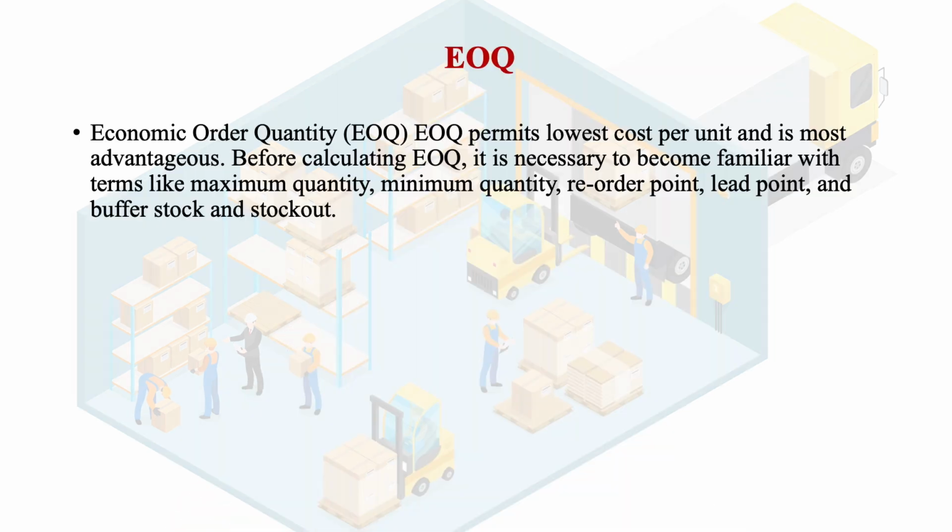So there is no bad effect on the inventory control. Inventory control should be regulated by proper modeling, the economic order quantity, which will be explained later on in a wider scale. Economic order quantity permits the lowest cost per unit, and is the most advantageous. Before calculating the EOQ, it is necessary to become familiar with terms like maximum quantity, minimum quantity, reorder point, lead time, buffer stock and stock out.